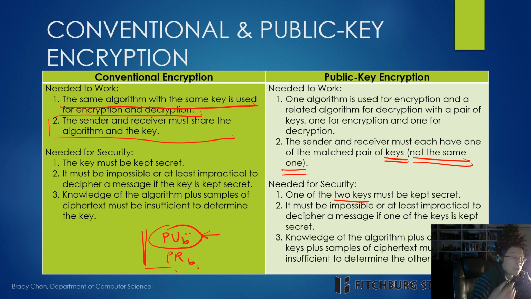However, it should be very difficult for a third party to find out the private key if they know the public key. So based on the information of the public key, they cannot get the information of the private key. That's a requirement. That's something we try to resolve using the knowledge built in number theory.